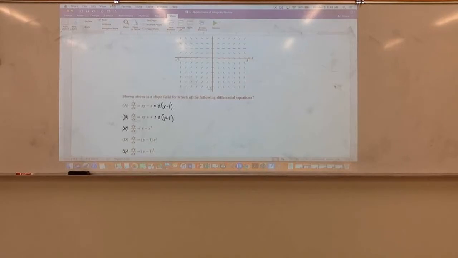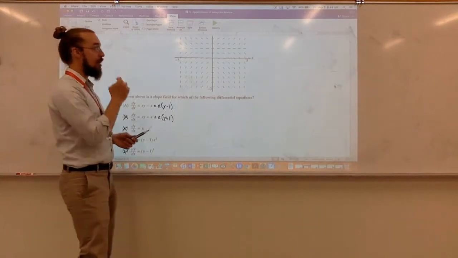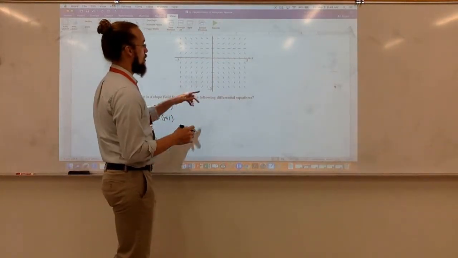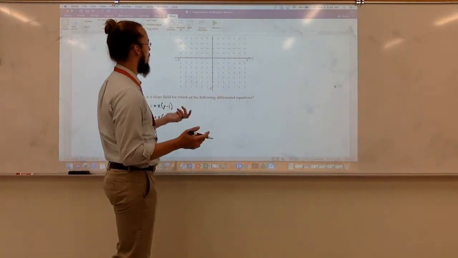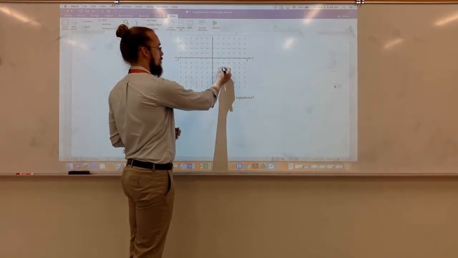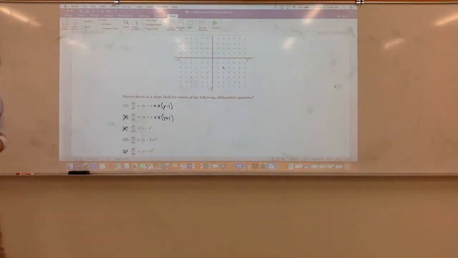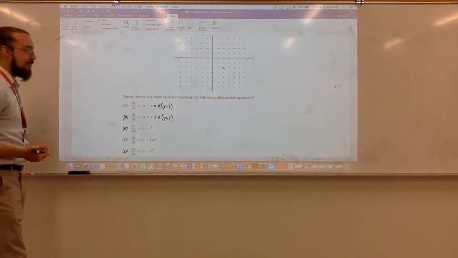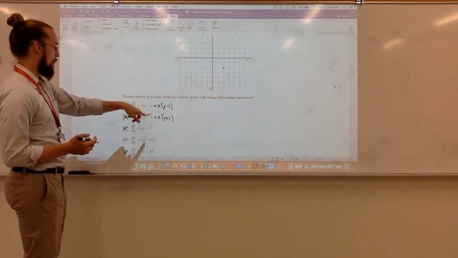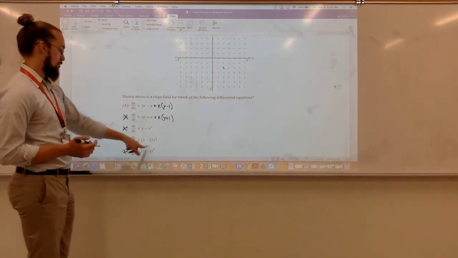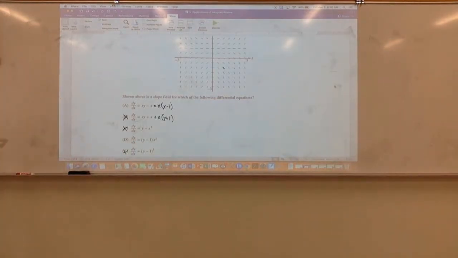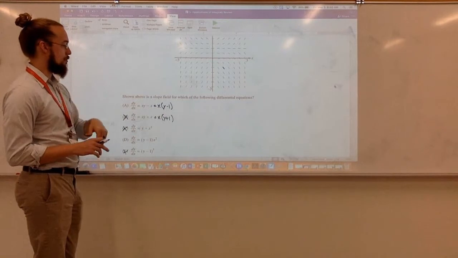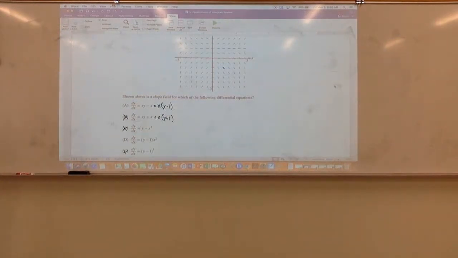So let's just pick a few points and plug them in and see what happens. It doesn't really matter where we start. We can say, at (1, -1), it appears that we have a slope of about negative 1. So if I plug in 1 for x, negative 1 for y, here we would have 1 times negative 2. Here we would have 1 times negative 2. Well, that doesn't really help us.